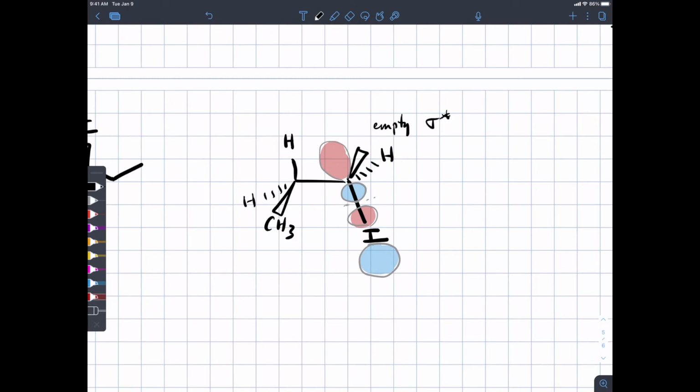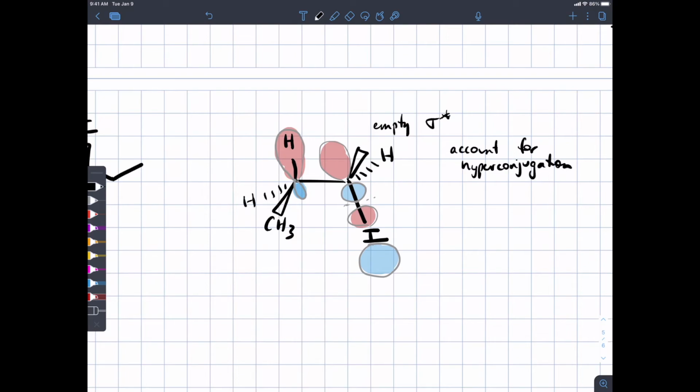Okay, and what we're going to add now to our understanding of LUMO is that you have to also account for hyperconjugation. All right, so what does hyperconjugation tell you? It tells you that when a filled orbital can line up with an empty orbital on an adjacent atom, you get a favorable and stabilizing interaction.